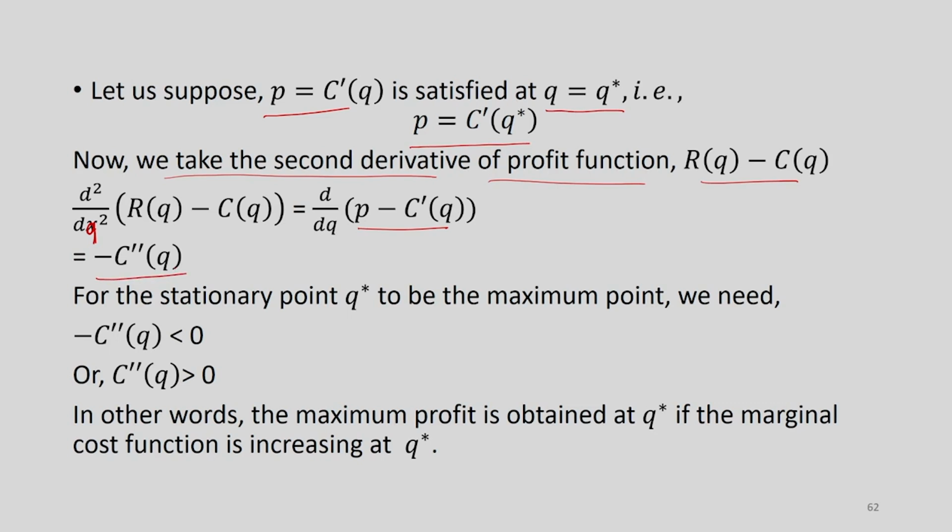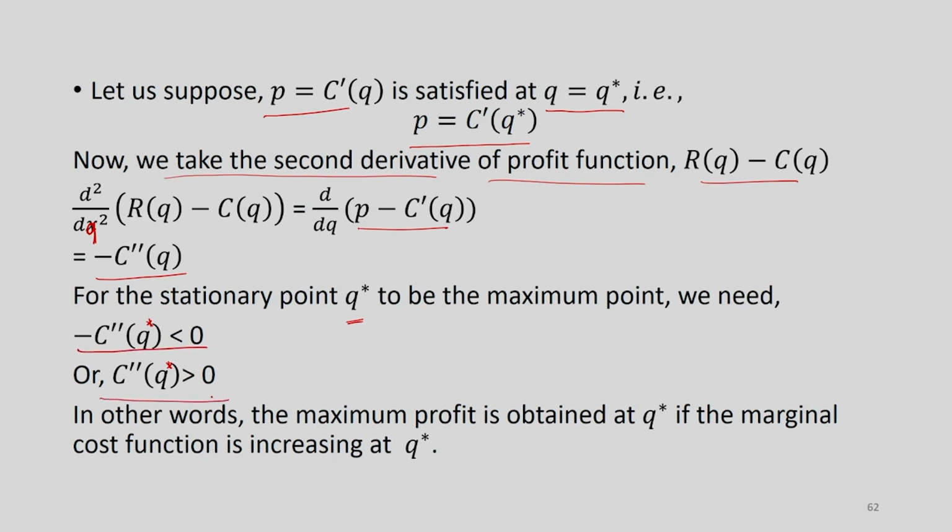Now, what we need is that for the stationary point q star to be the maximum point, this should be satisfied. Minus c double prime q star should be less than 0, because we need the profit function to be concave. For a concave profit function, the second derivative should be less than 0. That is what I have written here.